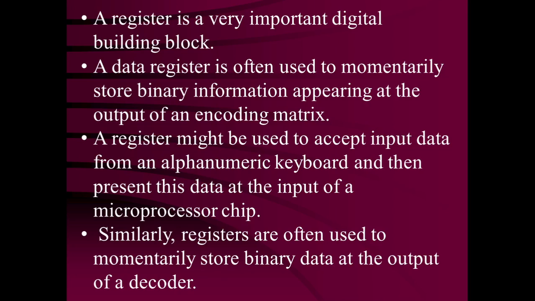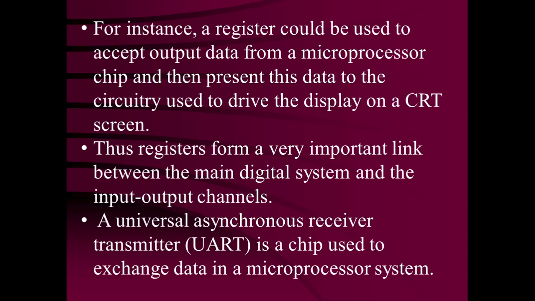So that data is actually stored somewhere, and that storage is called the output of a decoder. And this data is going to be presented to the circuitry used to drive the display on a CRT, that means cathode ray tube screen. On a screen you will get the English-like language or numbers, etc., which you are familiar with and can understand, and that data is available from the decoder.